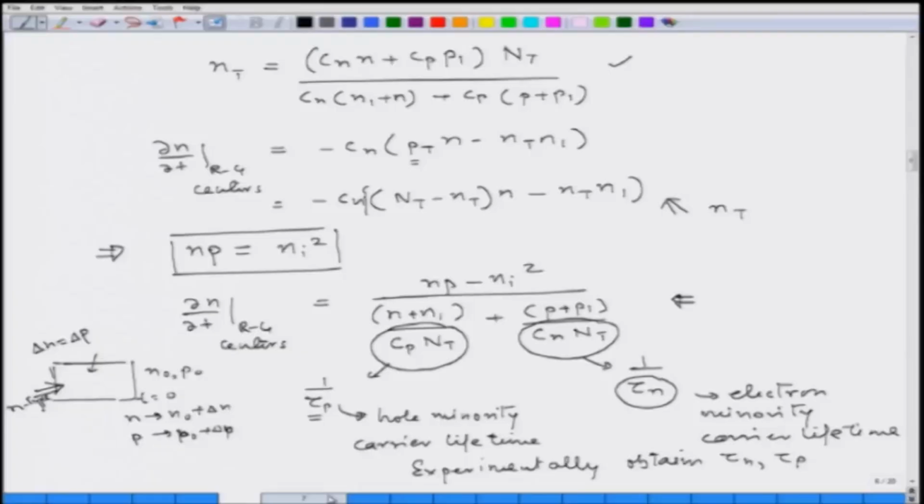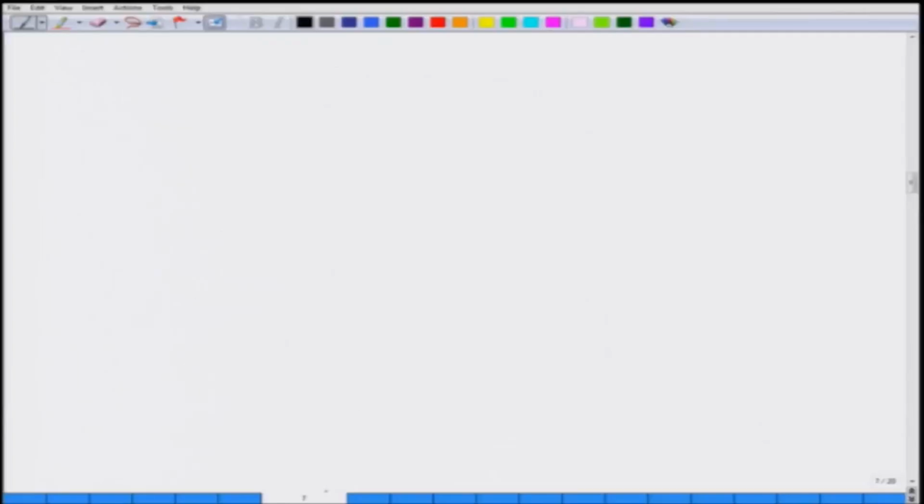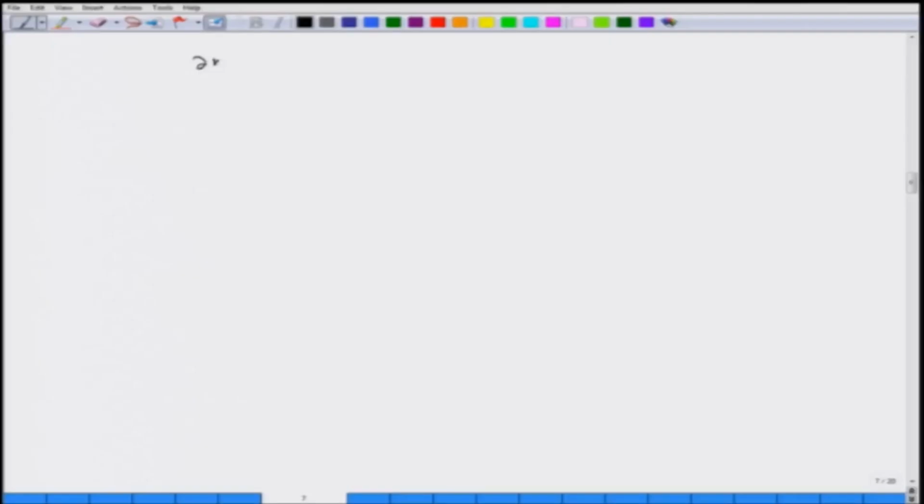So, in terms of these minority carrier lifetimes, my R G statistics starts looking like this: the change dN/dt due to the R G process will be given by n1 p1 minus n i square, divided by tau p times n plus n1, plus tau n times p plus p1.